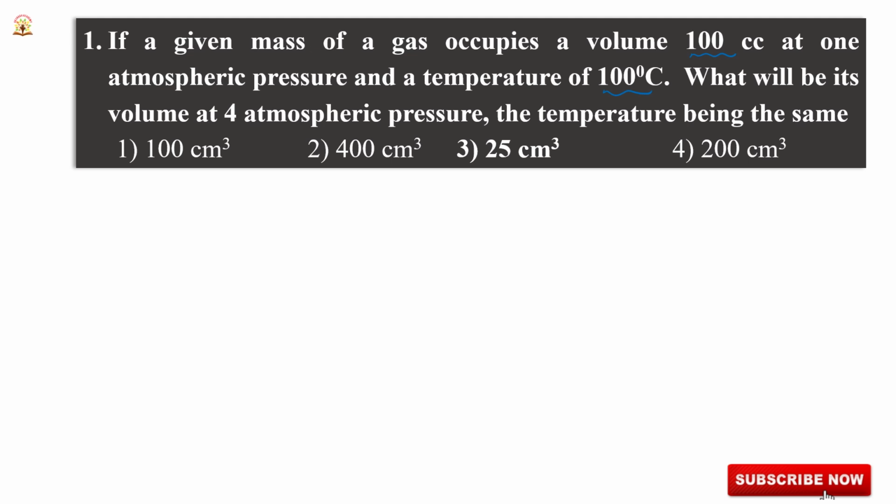Here they have given volume V1 as 100 cubic centimeter, pressure as 1 atmospheric pressure, and temperature as 100 degree centigrade. We have to calculate the volume at 4 atmospheric pressure. Okay, let us go to the solution.